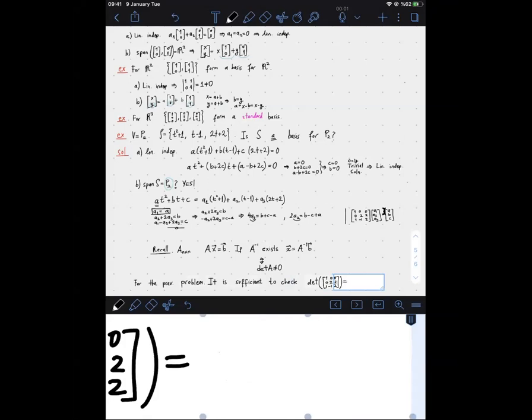If this is non-zero, then these three vectors form a basis.